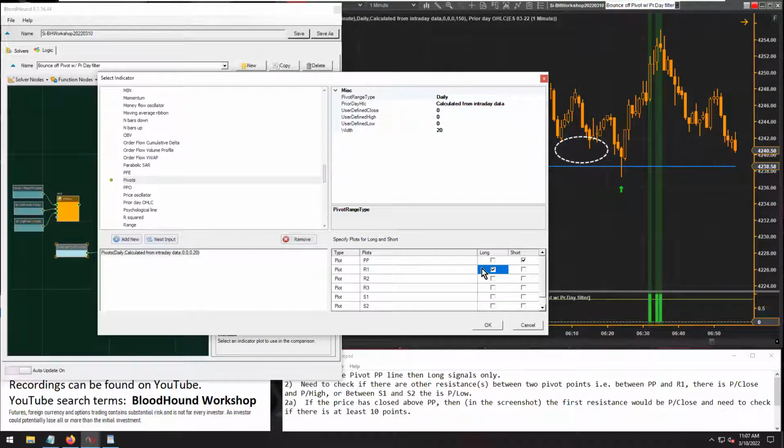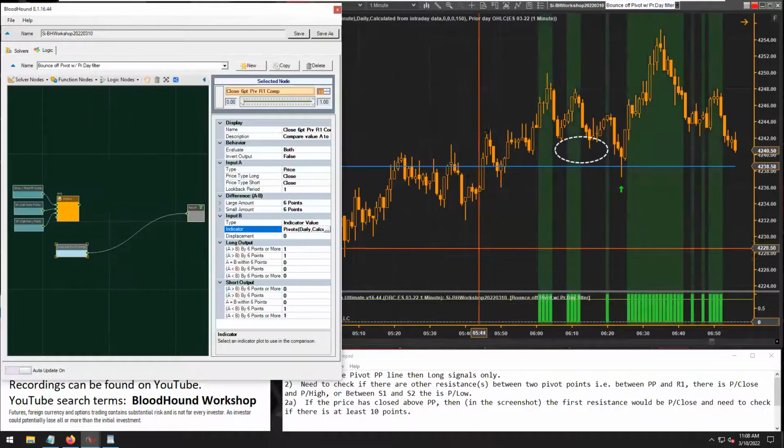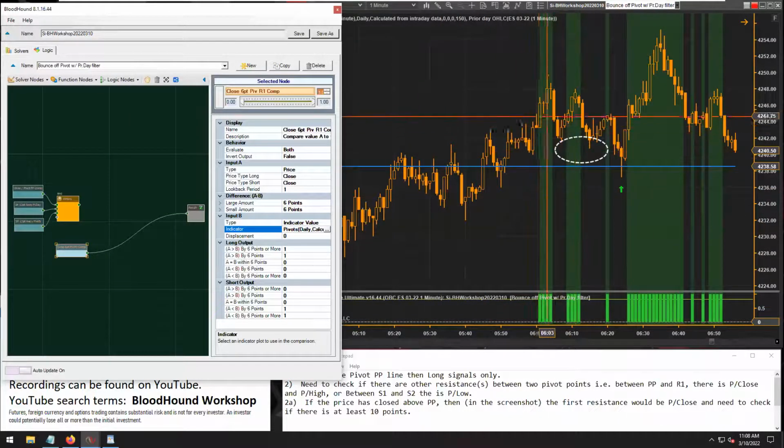Because BloodHound evaluates long signals separately from short signals, we can also do S1. So we can look for short bounces off of S1 at the same time, right? So we can use this one solver for R1 and S1 at the same time. So, all right, and so there we go. So we can see price has moved, the close of the bars has moved at least 6 points away.